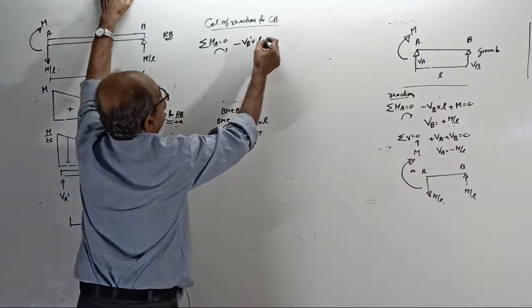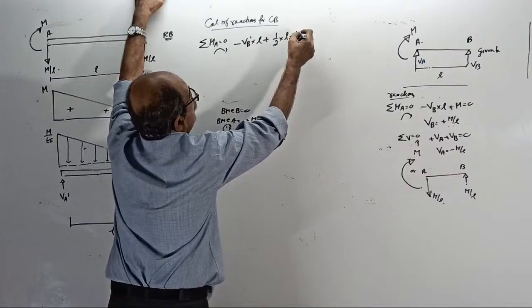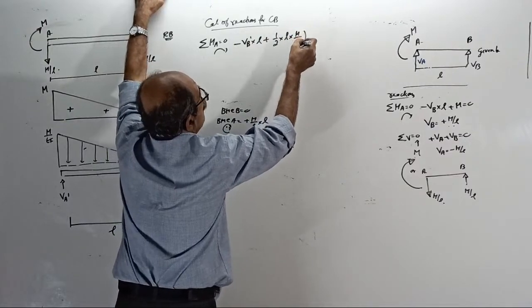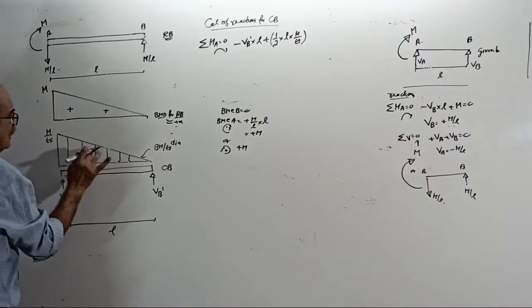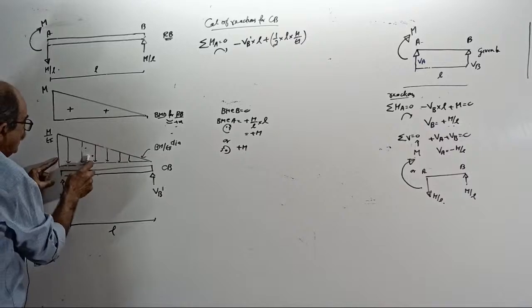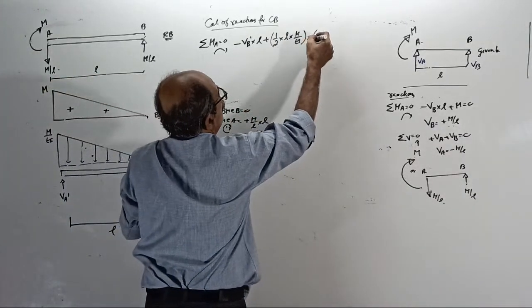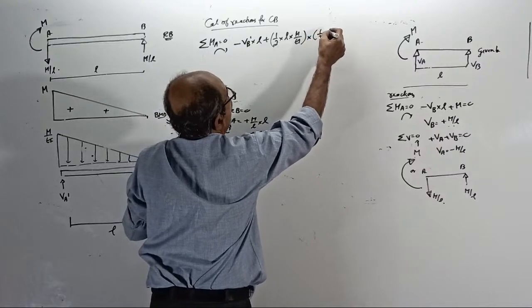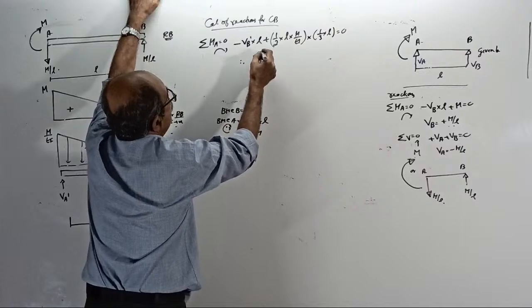Total load is half into L into M by EI. CG will be here, at 1 by 3 of L, so into 1 by 3 of L, equal to 0. Therefore, your VB dash will come.